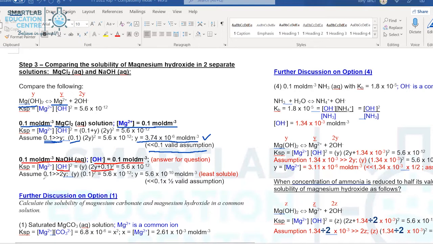And we will also make the assumption that the concentration of the OH- as a result of dissolving sodium hydroxide is significantly higher than the concentration of OH- produced as a result of the dissolution of magnesium hydroxide. With the assumption, the 2y plus 0.1 will be pared down to 0.1. And with that, we can find the value of y, which also further validates our assumption. So hence, from the calculations, we can conclude that magnesium hydroxide is less soluble in sodium hydroxide.